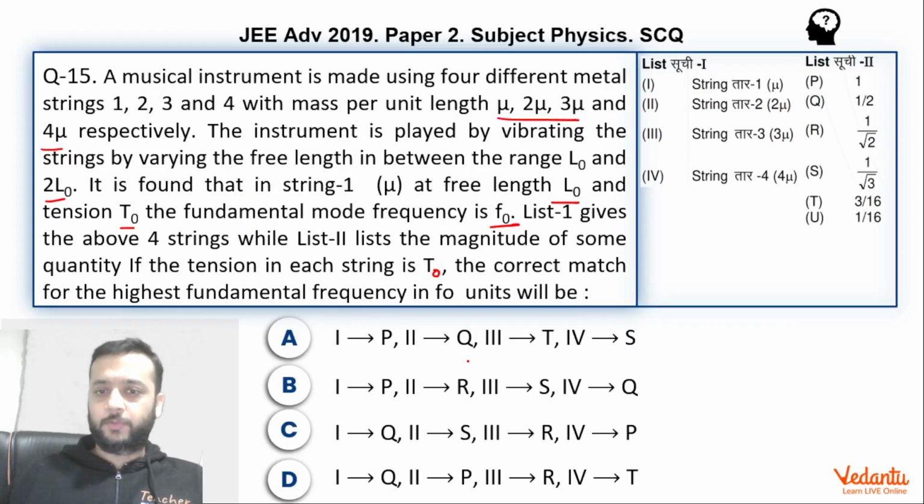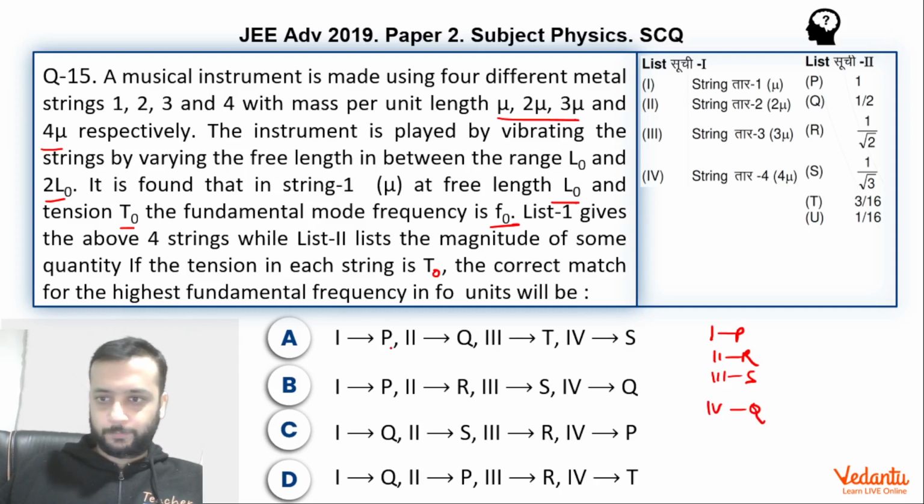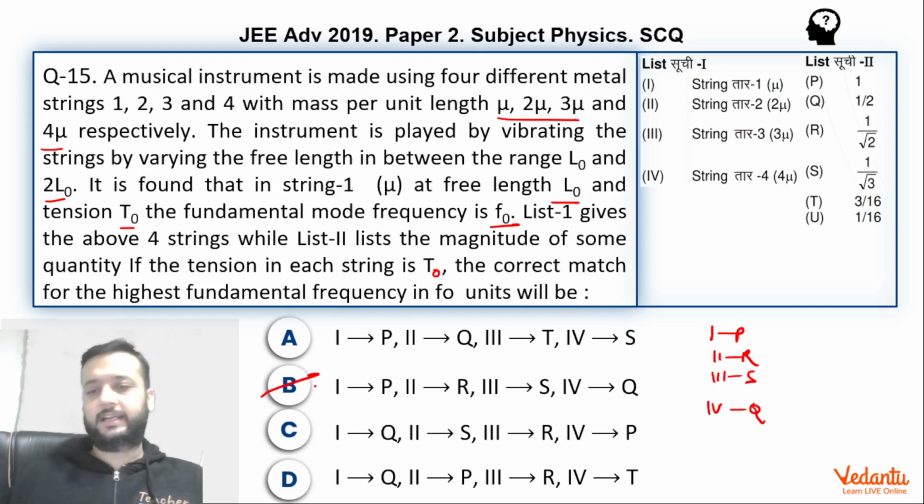Hence now if you go back to the options, the first will be P, right. The second is 1 by root 2, that means second will be R. Third will be 1 by root 3, so third will be S, and fourth will be Q, right. Fourth will be Q. So PRSQ, PRSQ.